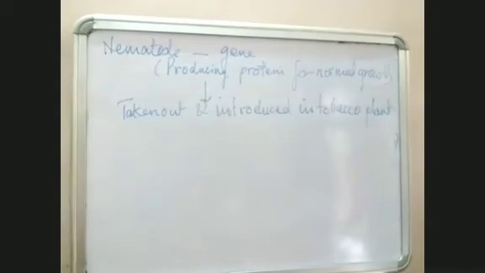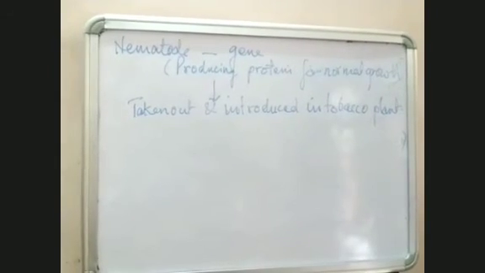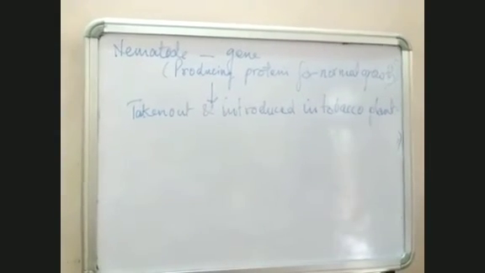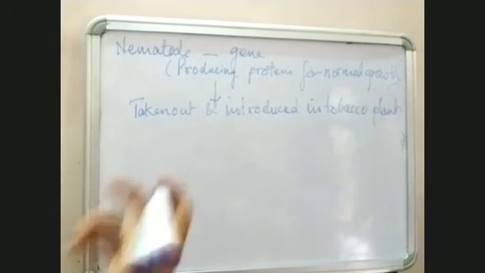So now this tobacco plant was a transgenic plant, because the gene from the nematode, Meloidogyne incognita, was introduced in it.